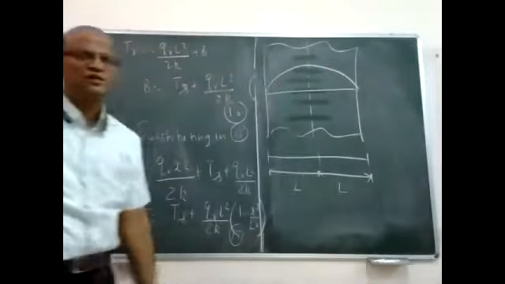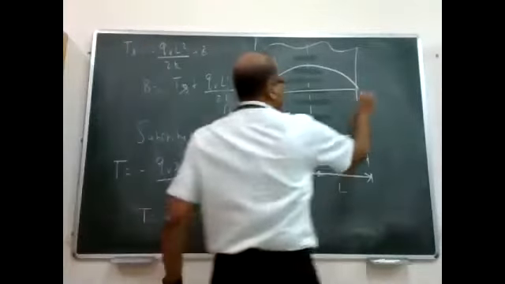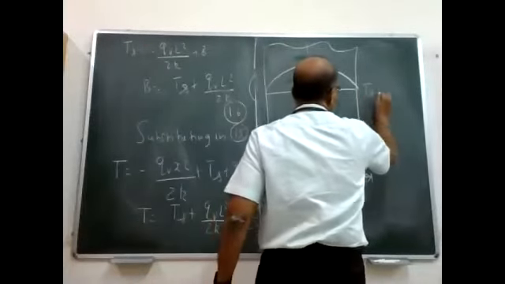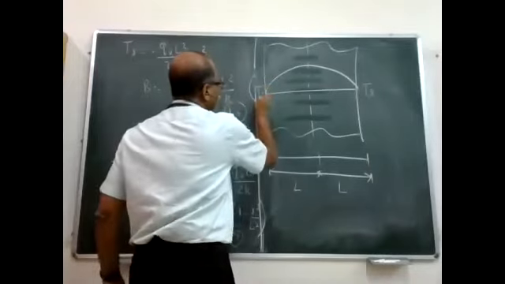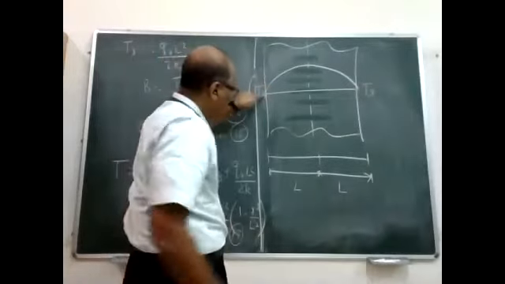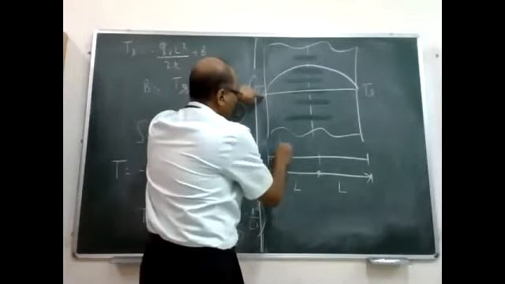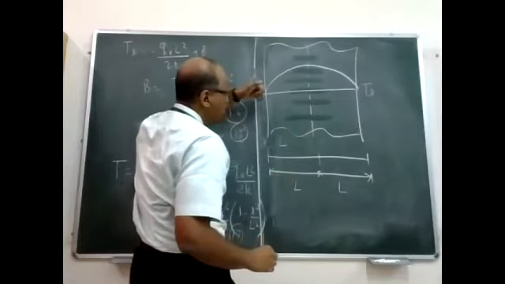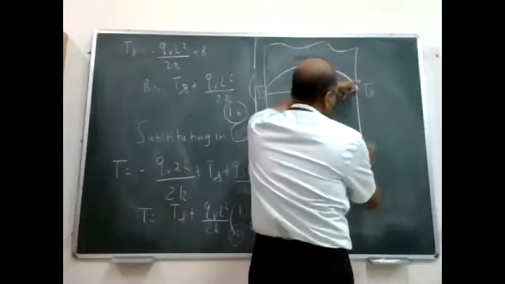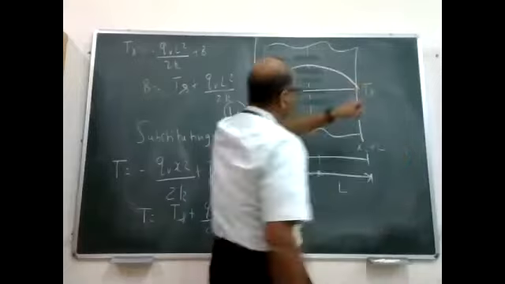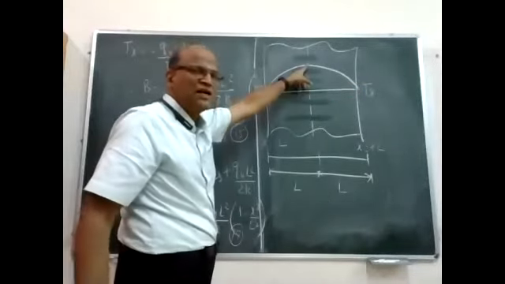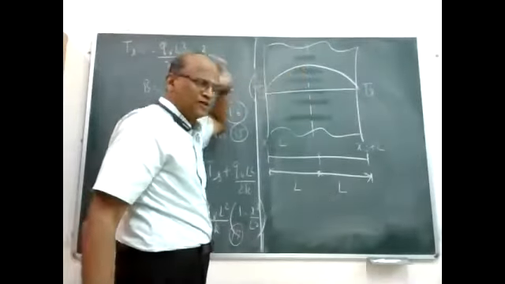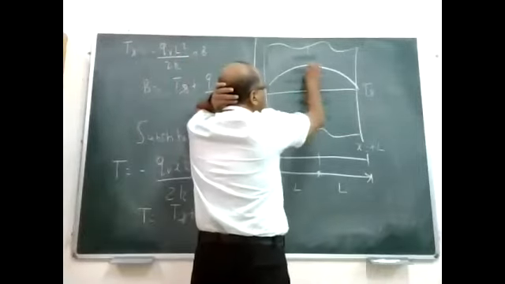So that's the temperature. At x equal to minus L, temperature is Ts. At x equal to plus L, temperature is Ts. And it is symmetric about x equal to 0. That is why dT by dx is 0 here.